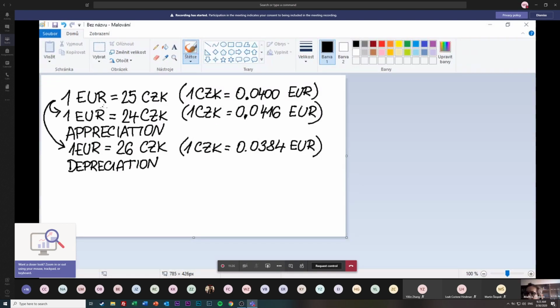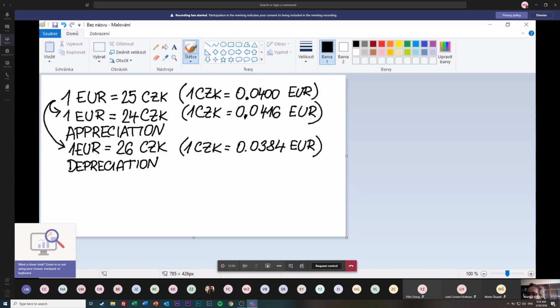So, if there is demand, if for example demand for butter is increasing, the price of butter is increasing. Once more, if demand for butter or apples or just a normal product is increasing, then the price is also increasing. The same is with the currency.